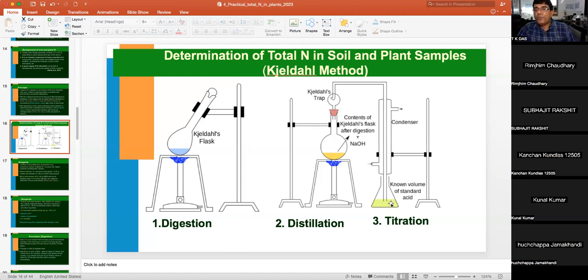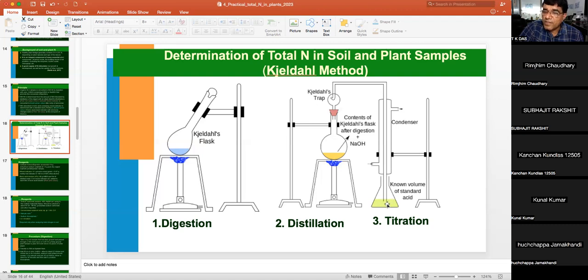Here you have 4% boric acid mixed indicator solution, which normally is 20 ml. I will tell you how to make the boric acid mixed indicator solution, meaning boric acid plus indicator. This is pinkish in color, red or pinkish. When ammonia starts coming into this, it will convert into bluish green.